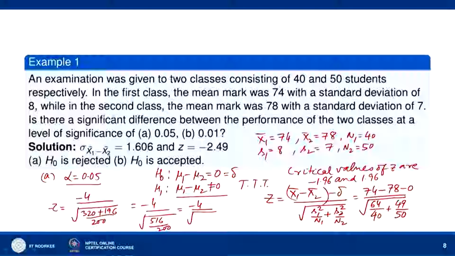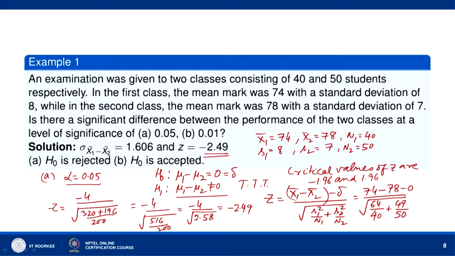When you divide by 200, this is 2.58. So, minus 4 upon the square root of 2.58 comes out to be minus 2.49.